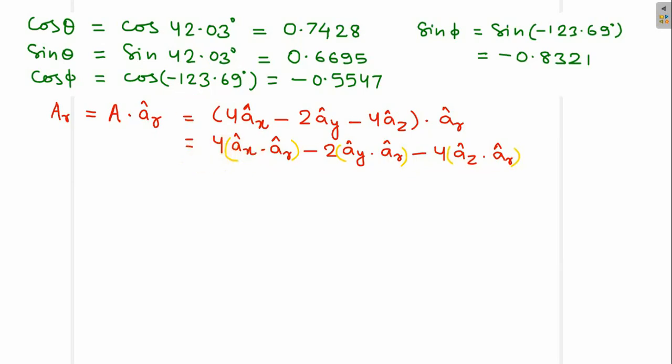So recall that formula. What is ax dot ar? That ax dot ar was sin theta cos phi. So this is 4 sin theta cos phi. Similarly, what is ay dot ar? Sin theta sin phi. So we will write 2 sin theta sin phi.